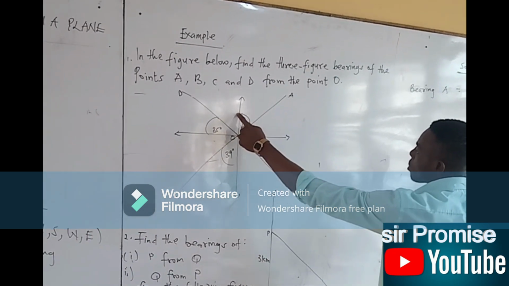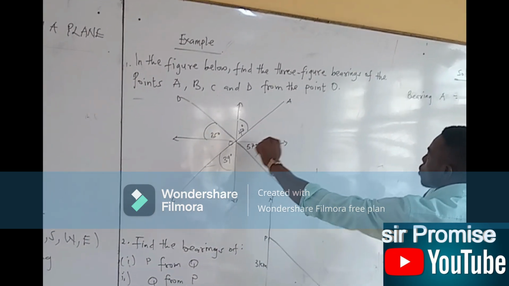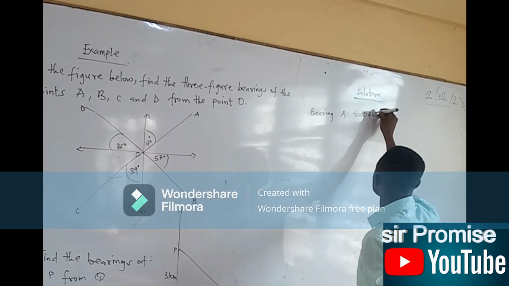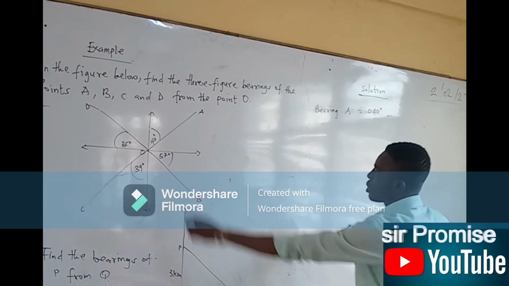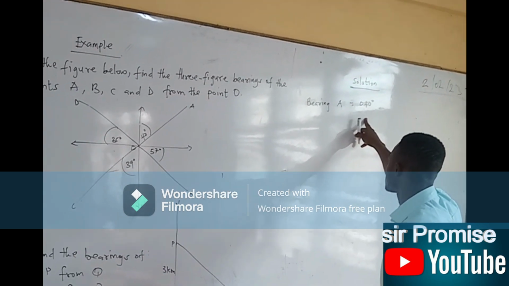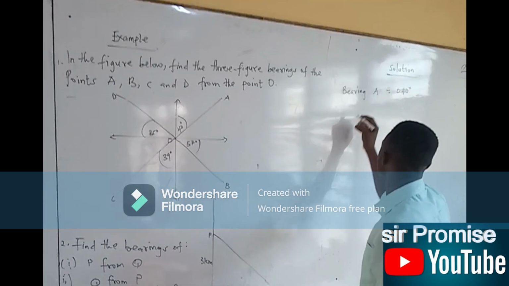Because we are reading from the north pole here, it's going to be recorded as 040 degrees, as we know. So we don't have to write it 40 degrees. If you write it 40 degrees, you are wrong. So that's the first one.